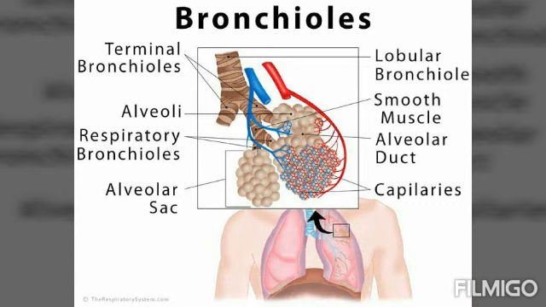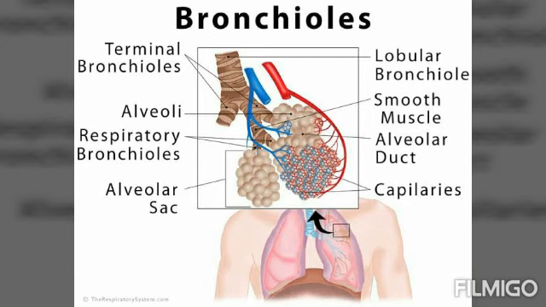The lung is made up of about 300 million alveoli, which are arranged in clusters of 15 to 20. There are three types of alveolar cells: type 1, type 2 and type 3. Type 1 alveolar cells are epithelial cells that form the alveolar walls.